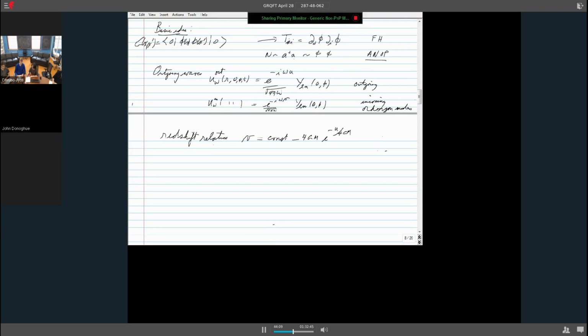Or so if you're doing this collapse one where you have the waves come in, they go through the collapse and come out the other side, you just use this. Or this is the horizon mode. But in either case, you're basically going to use the same redshift relation.